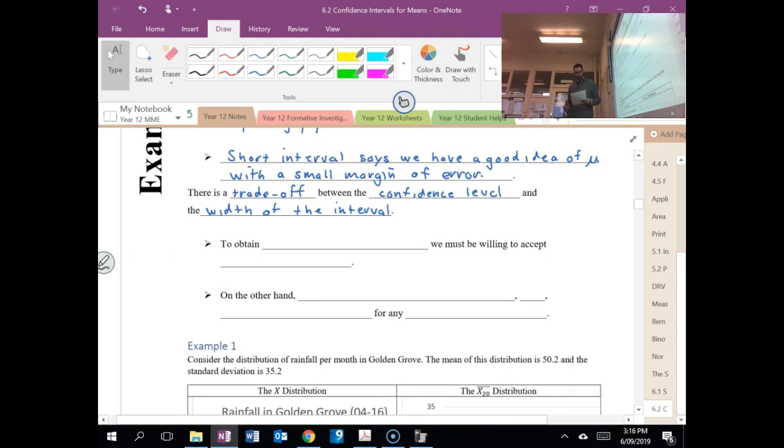If we want to increase confidence, to obtain a higher confidence, then we're going to have to accept a greater width.